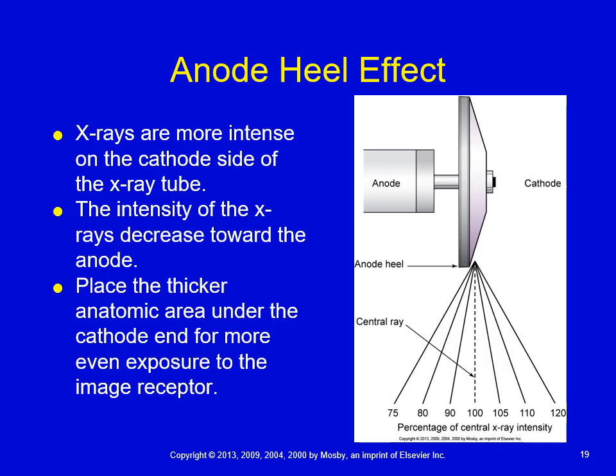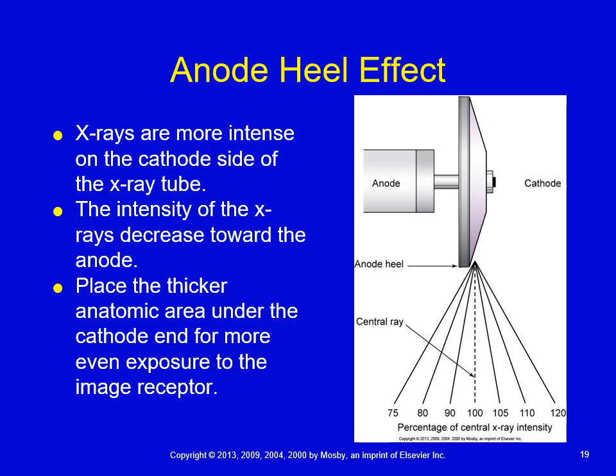All right, the reason is that those on the anode side have to travel a lot farther, and some of them actually interact with that target heel. They're either absorbed or made less as a result of interacting with the target heel, so therefore the intensity is less.